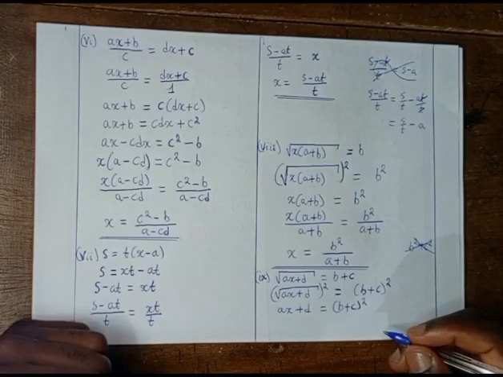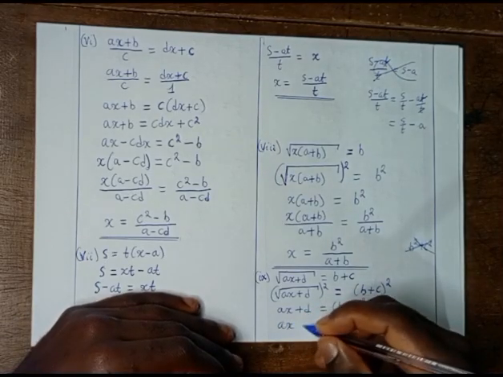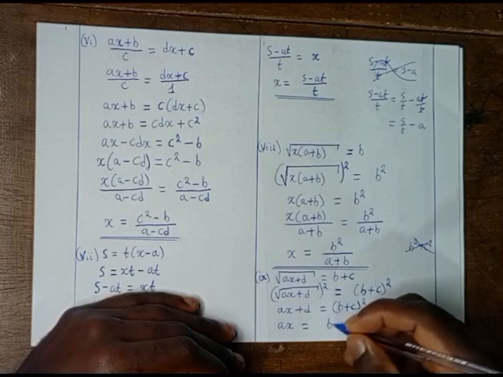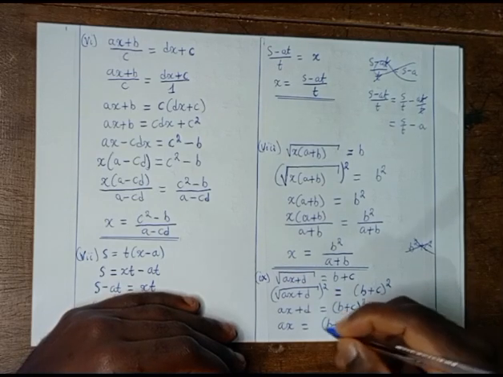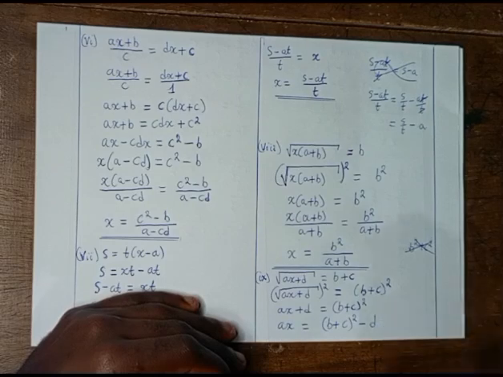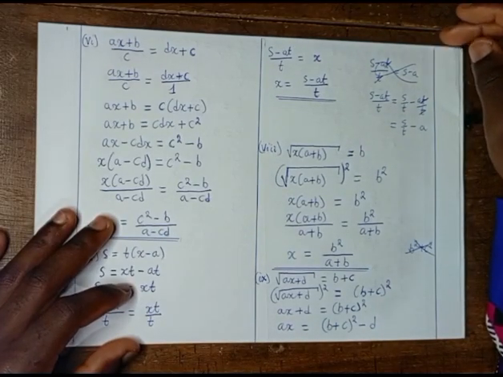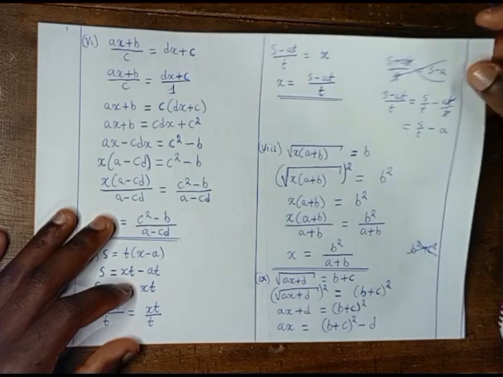Next, we are going to transfer d to the right hand side. This will give us ax will be equal to b plus c, all this squared. When d crosses, it becomes negative. Next step, for us to have x alone at the left hand side, we are going to divide all through by the coefficient of x, which is a.